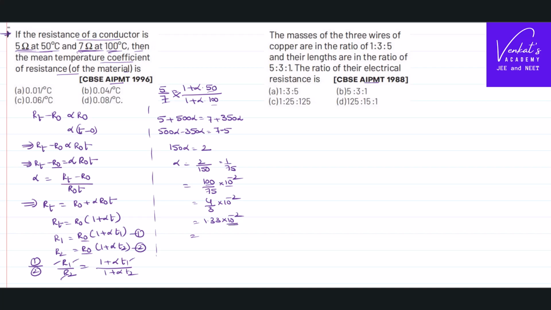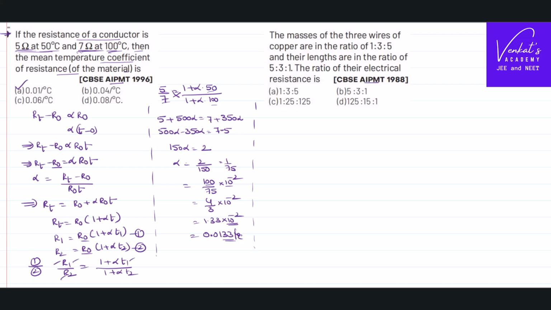To get this 10 power minus 2 to this side, I have to write 0.0133 per degree centigrade. So 0.0133 is best represented by 0.01 itself, because that 33 is ignored in the problem. So that is the answer.